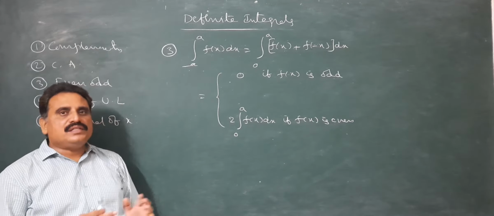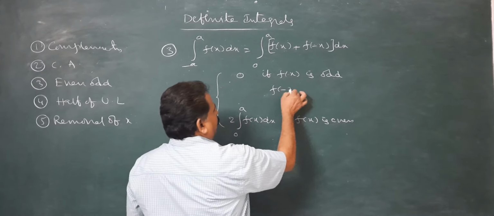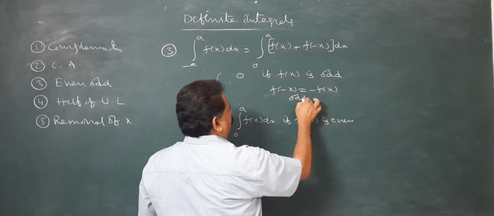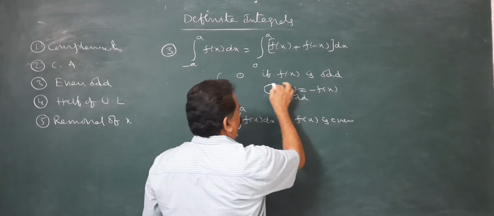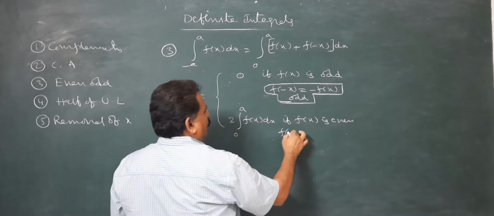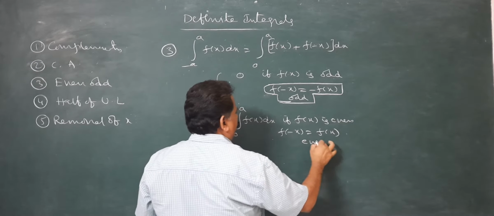What is an odd and what is an even function, we discuss here. If f(minus x) equals minus f(x), that is an odd function. If f(minus x) equals f(x), that is an even function.